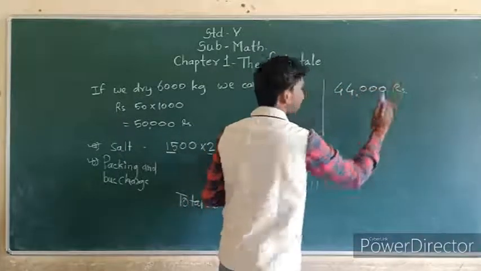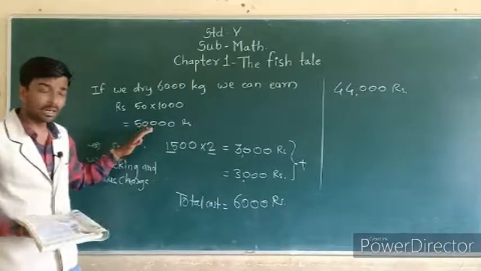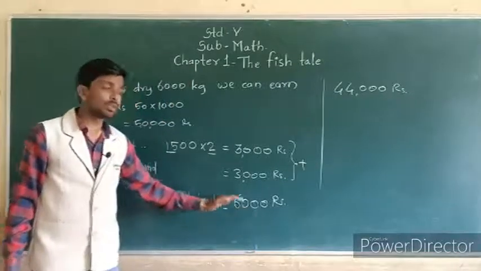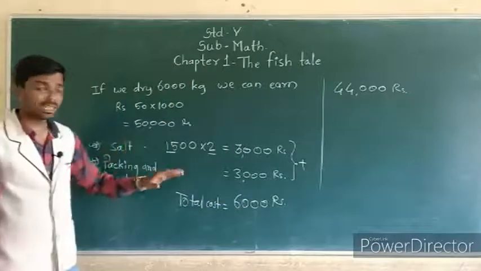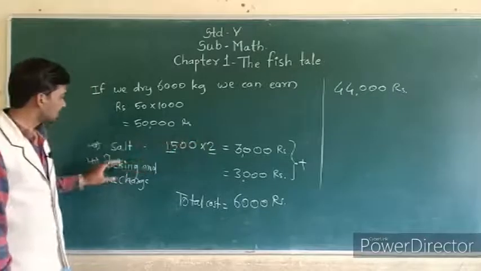44,000 rupees. How? Here they can earn 50,000, but every month they have to pay 6,000 rupees. That 6,000 rupees is 3,000 rupees for salt, and 3,000 for bus and packing charges.